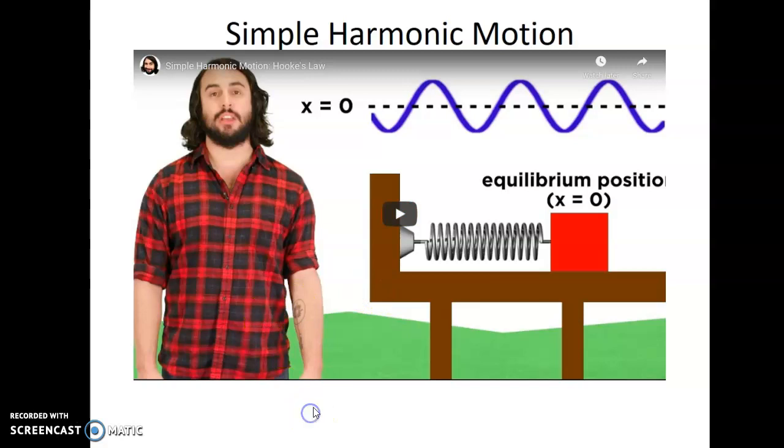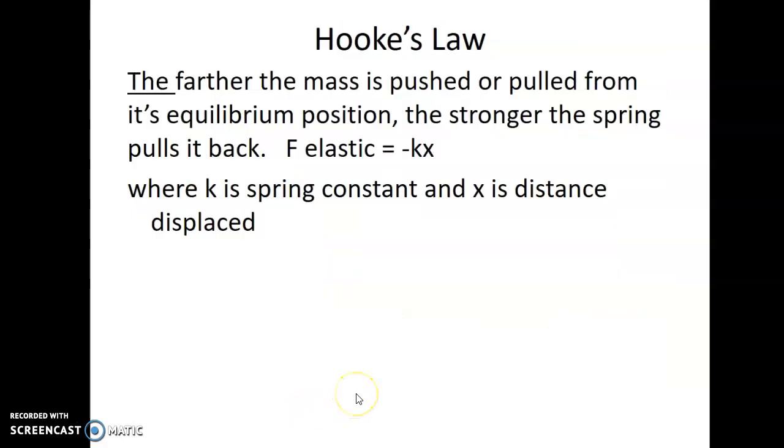All right, so the first thing we're going to talk about after that is the farther the mass is pushed or pulled from its equilibrium position, the stronger the restoring force is going to be. So you saw this in the video, Hooke's Law. This restoring force is going to be negative because it's opposite of the displacement.